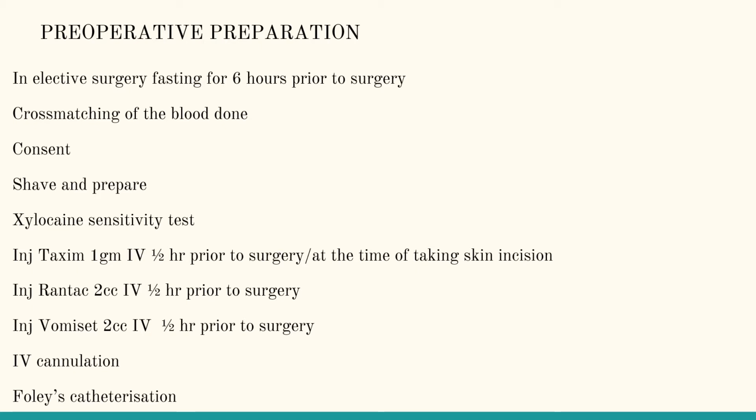Injection Taxim 1 gram IV or any of the cephalosporins can be given at the time of taking the skin incision or half an hour prior to surgery. Then injection Rantac, that is antacid, is given half an hour prior to surgery. Injection ondansetron 2 cc IV is given half an hour prior to surgery. IV cannulation is done and Foley's catheterization for continuous bladder drainage and also for measurement of the urine output is done.